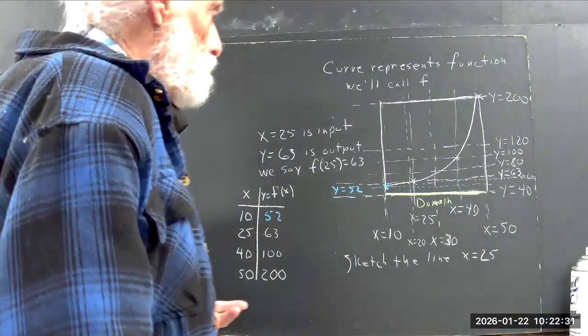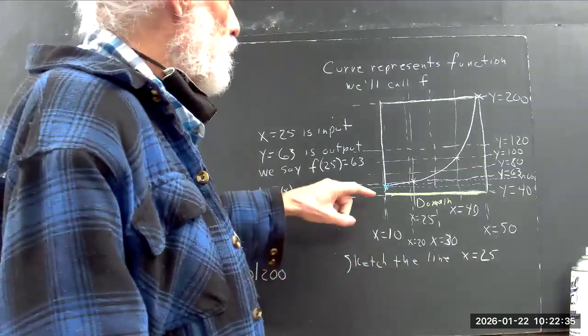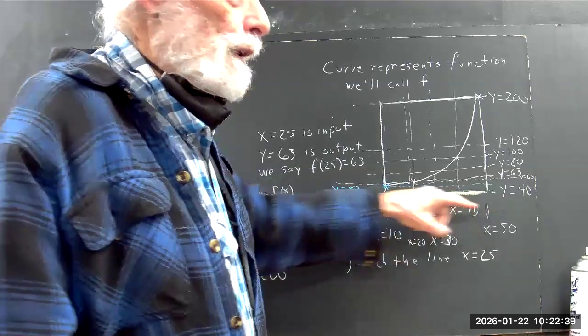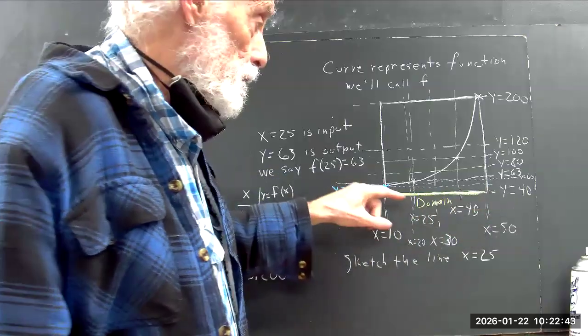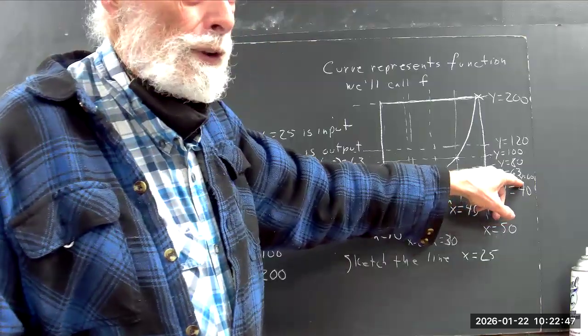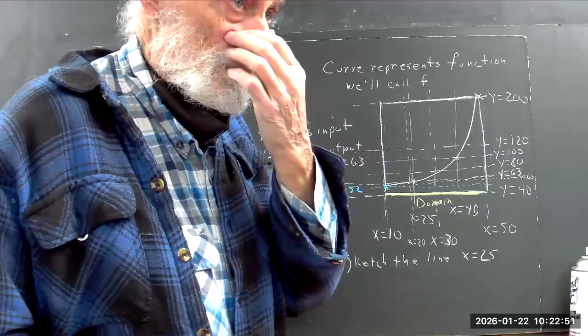Okay, now the curve doesn't start at the lower left, doesn't start on the lower edge of this window. It doesn't start at y equals 40. It starts a little higher than that at what I estimated was y equals 60. The lowest point on that curve is at y equals 60.